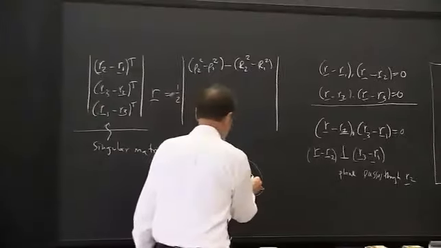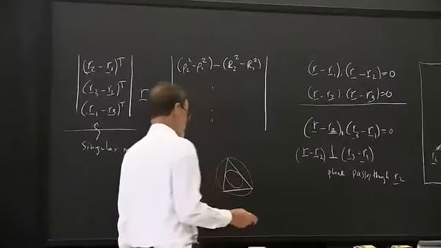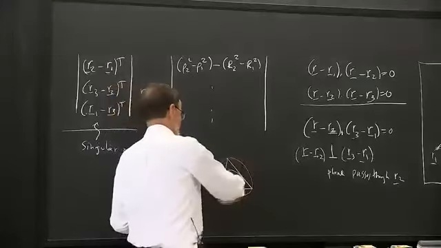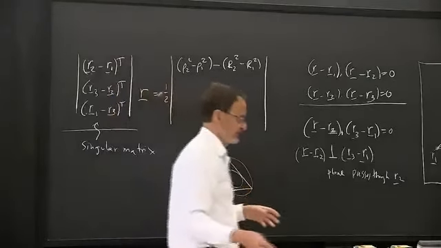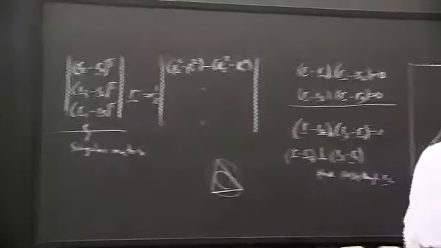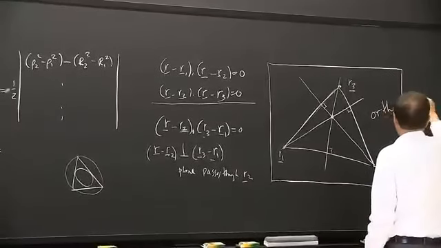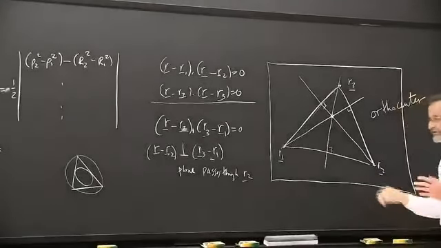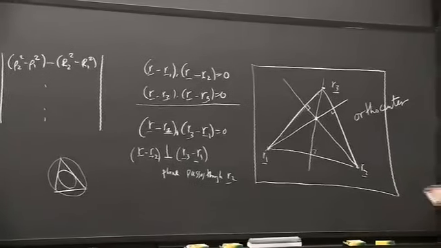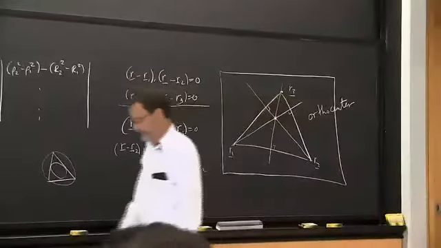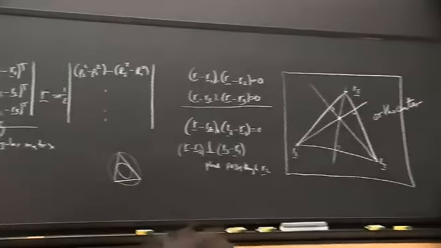Then there's the in center, which is the center of an inscribed circle. Then there's the centroid, which is the average of the 3 sets of coordinates. And this one is the orthocenter. I don't know, there are a few more intersections of bisectors and whatever. Anyway, this is the one we want. And it's obtainable easily by solving linear equations.